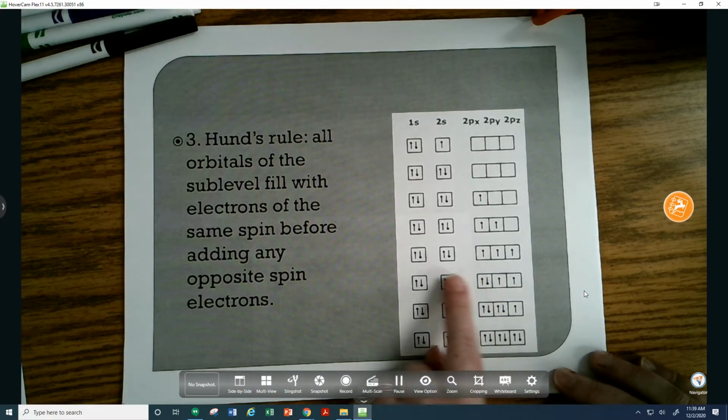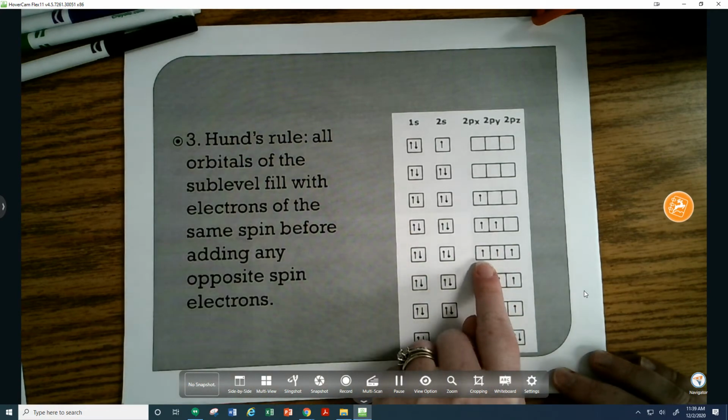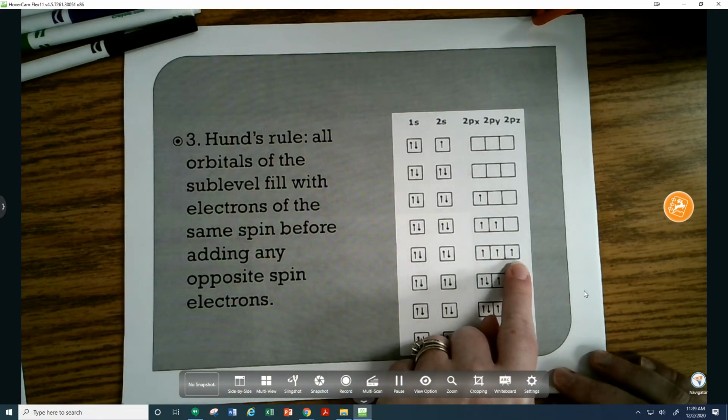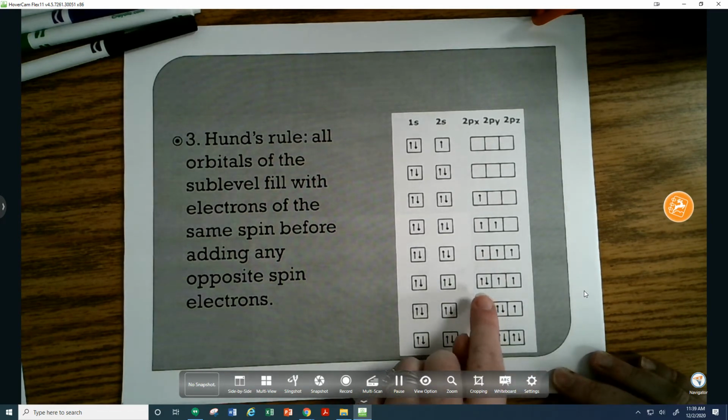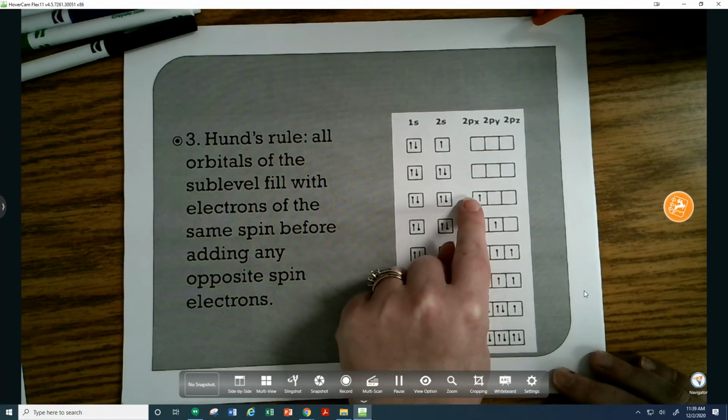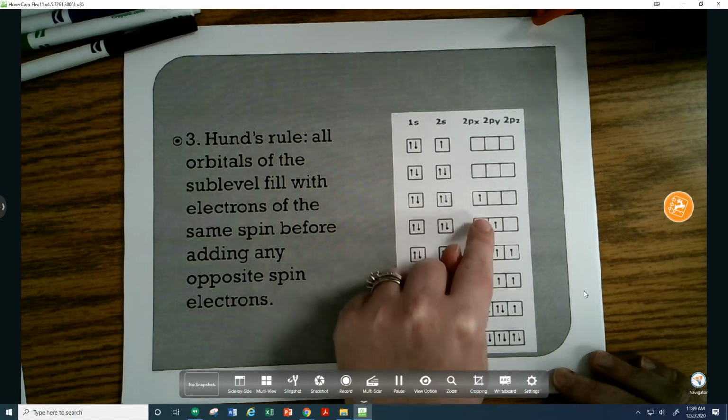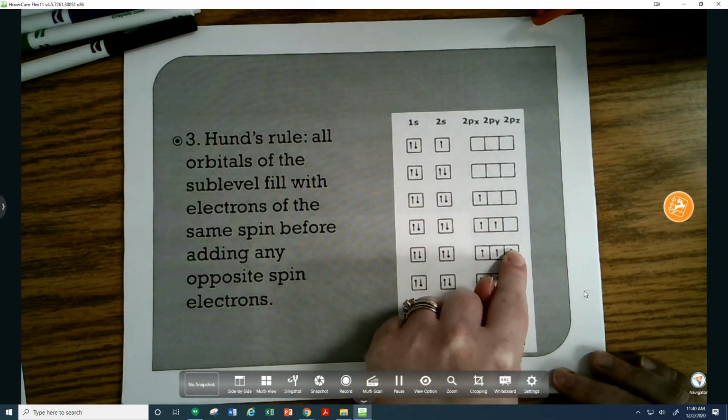So what that's showing in Hund's rule here is that the arrows represent electrons, and the boxes represent regions of space outside of the nucleus. So what we can see is, as we add an arrow, again adding an electron, each of these wants to occupy its own space.